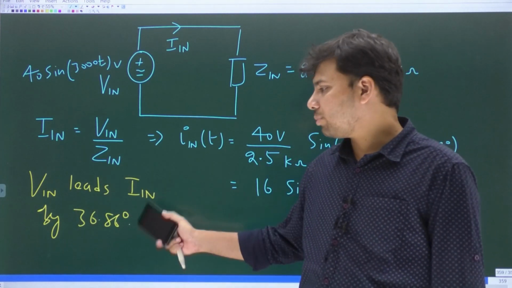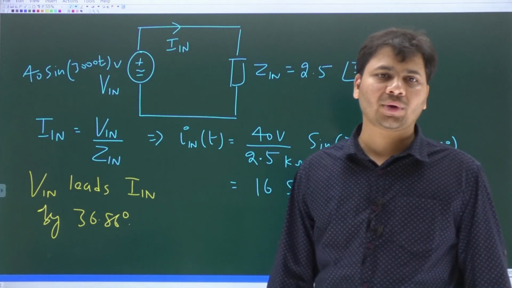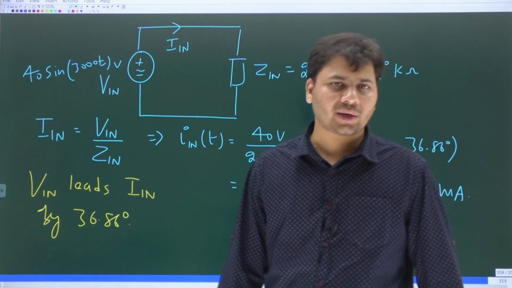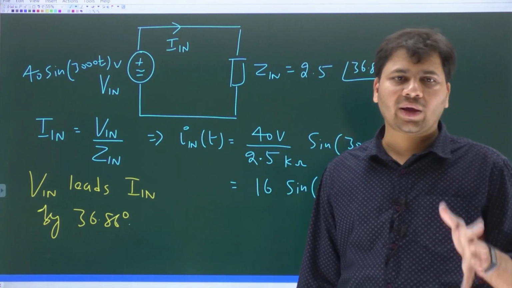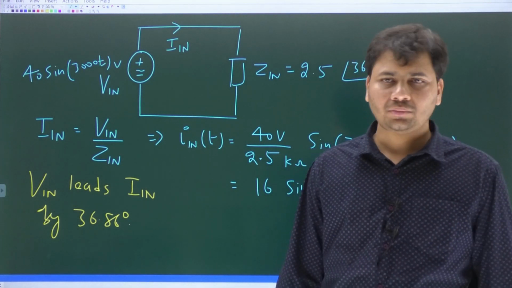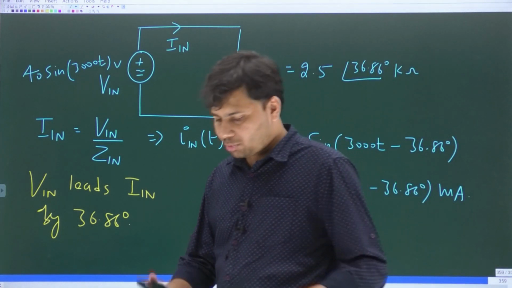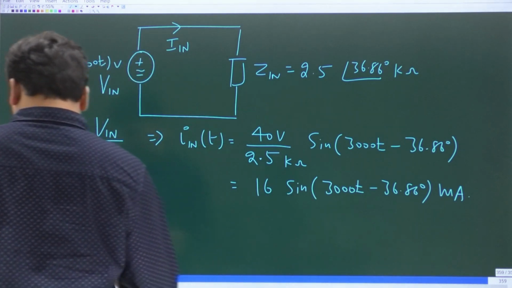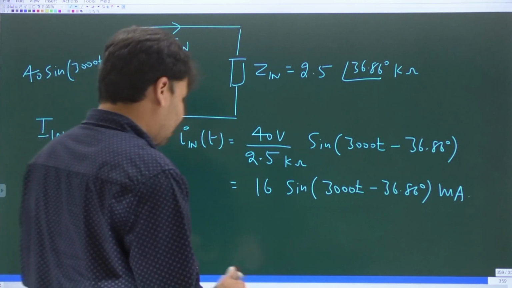But here the input voltage is leading the input current by an angle which is less than 90 degrees. That means the overall nature of the yellow color network is inductive. Yes, that's the bottom line. Okay, and this is the current expression. I hope the method is clear.